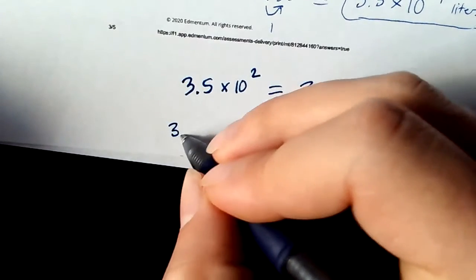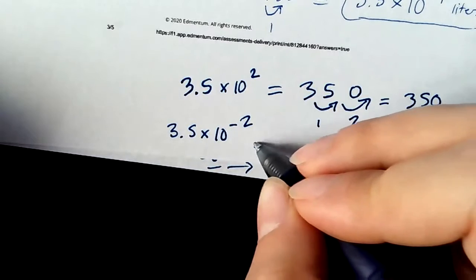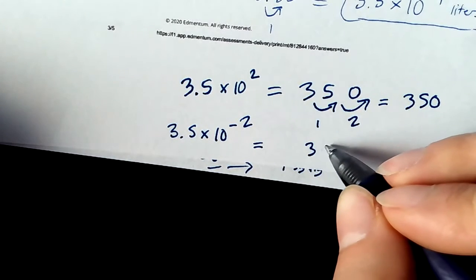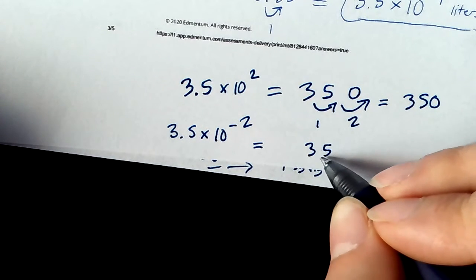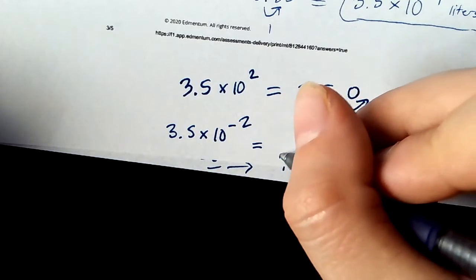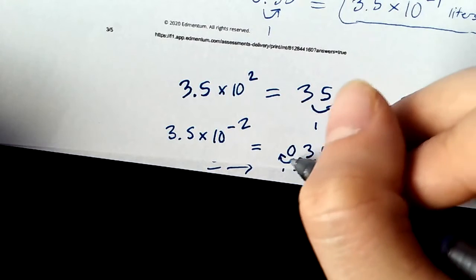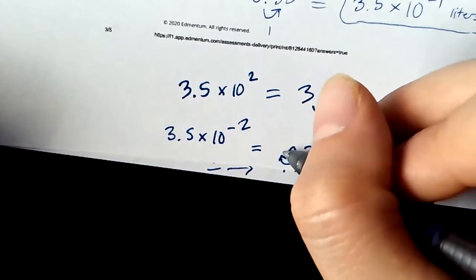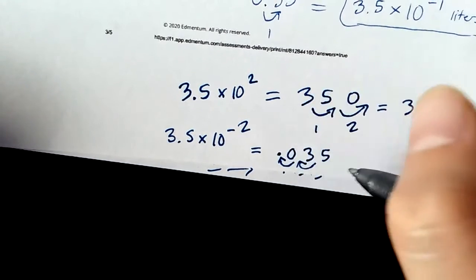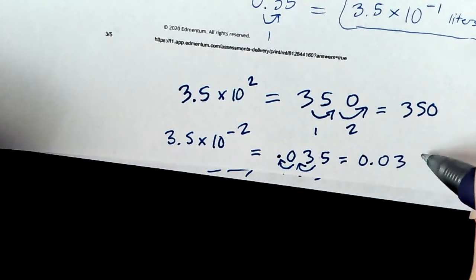But if that's 3.5 times 10 to the negative 2, you have 3.5, but you're moving to the left 2 times and putting the decimal point there. So you'll have 0.035.